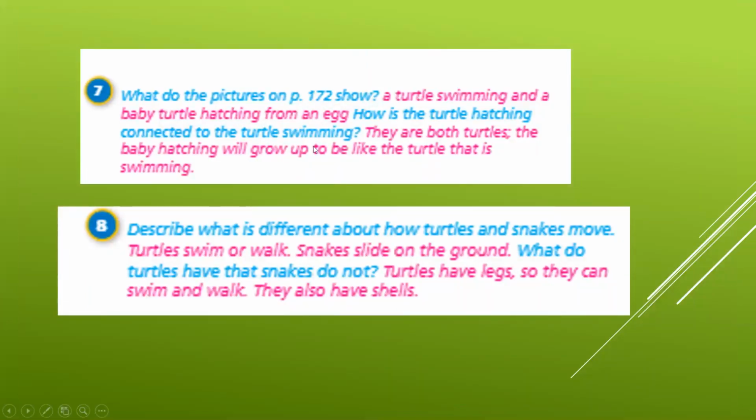Here we have to stop to know some information. A turtle swimming and a baby turtle hatching from the egg. So how is the turtle hatching connected to the turtle swimming? They are both turtles. The baby hatching will grow up to be like the turtle that is swimming.